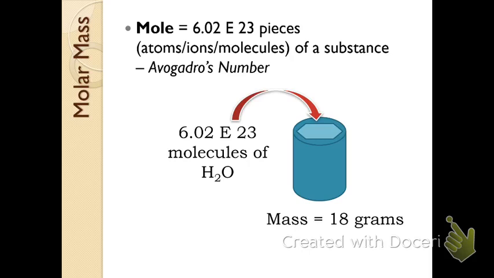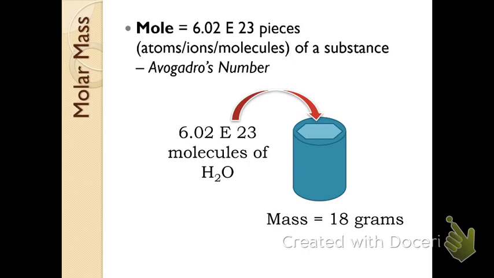If I take 6.02 E23 hydrogen atoms and put them on a scale, the mass of those hydrogen atoms will round out to 1 gram. So if you look at the elements on your periodic table, in that upper right where you see the atomic mass, your periodic table is showing you what the mass of 6.02 e to the 23 atoms of that element is going to be.